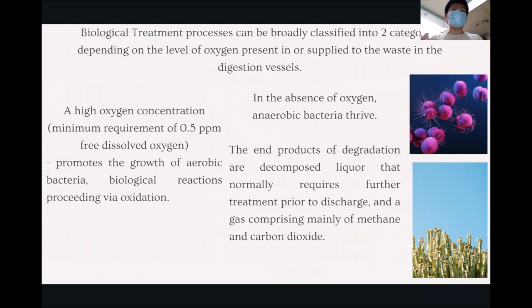This promotes the growth of aerobic bacteria, with biological reaction proceeding via oxidation. In this case, sulfur, nitrogen, and phosphorus containing compounds in the wastewater are converted into low energy end products such as sulfates, nitrates, and phosphates.